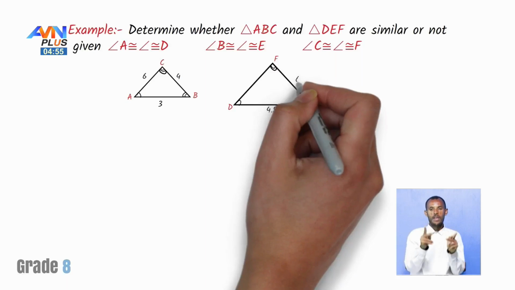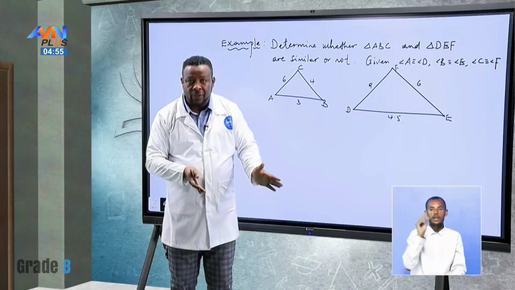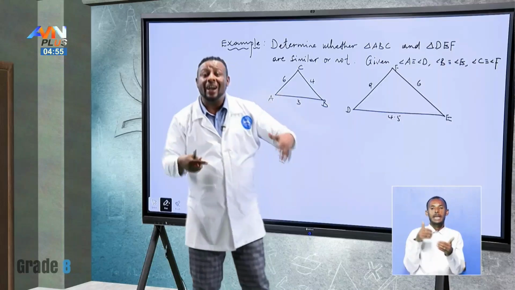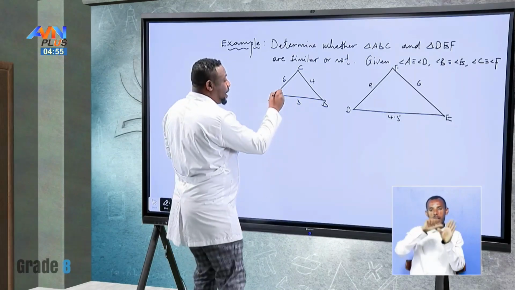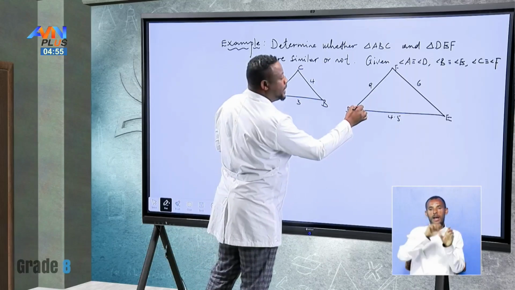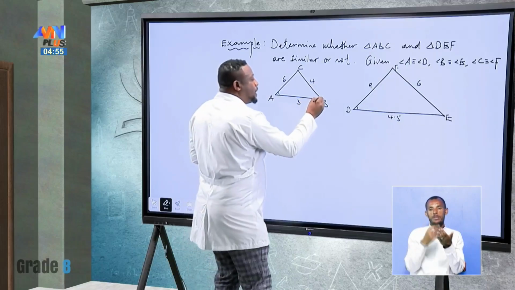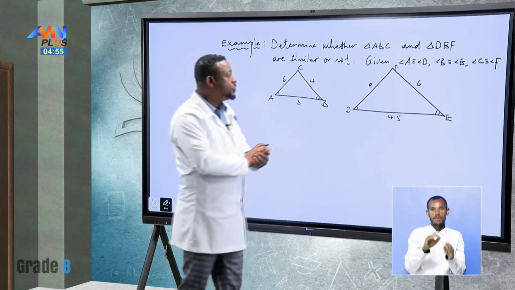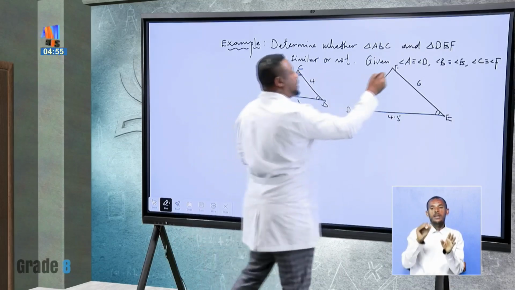Okay, now here we have two triangles, triangle ABC and triangle DEF. What is given here is that the corresponding angles are the same. That means angle A and angle D are the same, angle B and angle E are the same from the given information, and angles C and F are congruent.